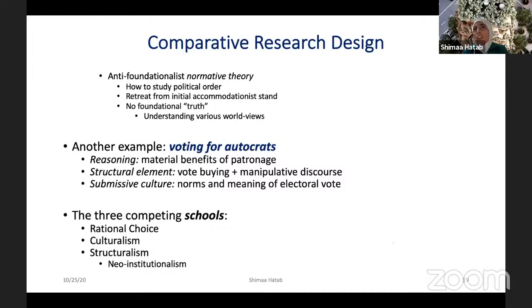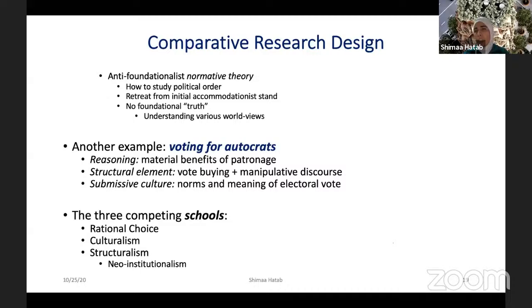So the main target, as anti-foundationalists, is to understand the different worldviews or beliefs that actors and agents held. And this resonated with intellectual efforts in political science, developing this interpretive tradition, to understand how institutional rules, beliefs, behaviors, norms, and the meaning people assign to them would affect their actions and behavior in a political and social sense.